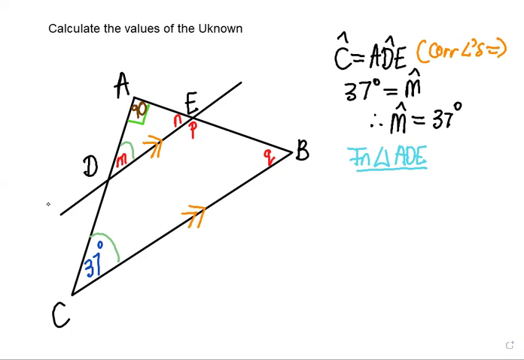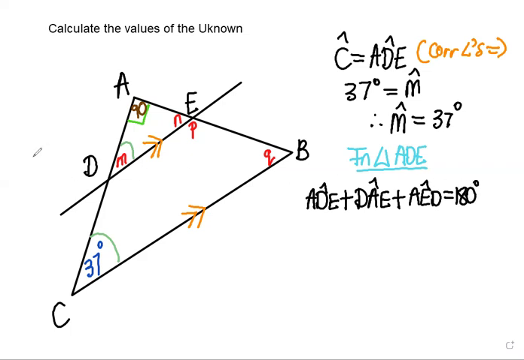So how are you going to write this? You simply say angle ADE plus angle DAE plus angle AED is equal to 180 degrees.